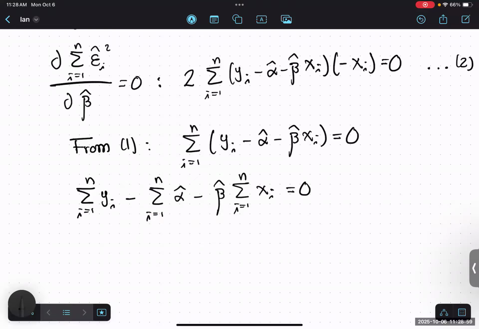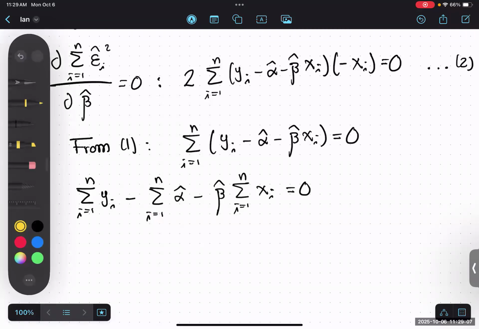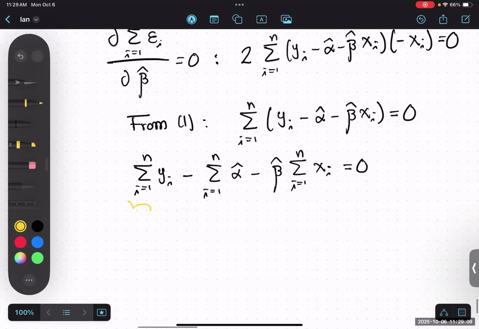And from here, it would be easier if you recognize that the first term could be re-expressed as n times y bar.